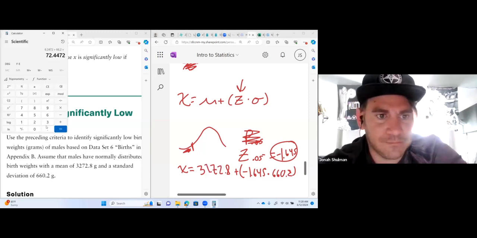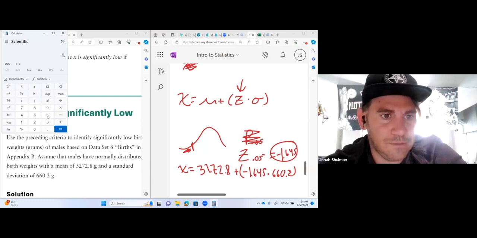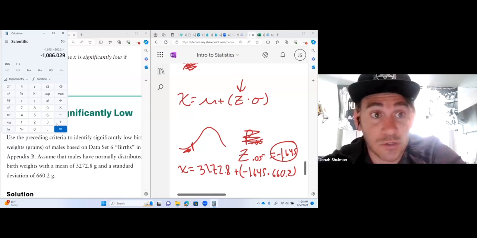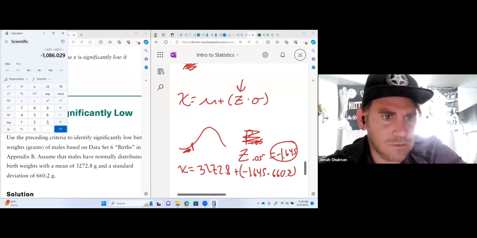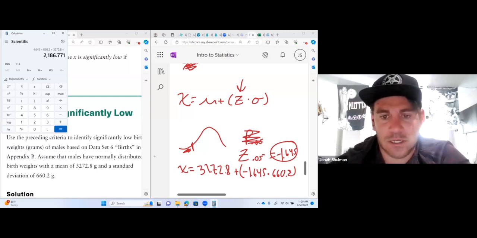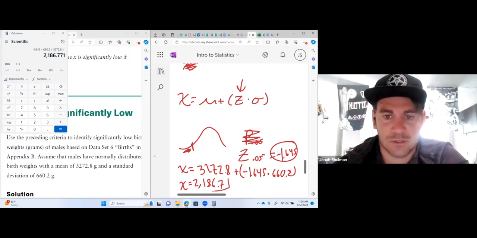So here we go. Negative 1.645 times 660.2. See how it's getting smaller, right? We want this to be smaller. Now we have to just do what with this? Add 3,272.8 for the weight. As long as this is the cutoff, 2,186.7 grams.